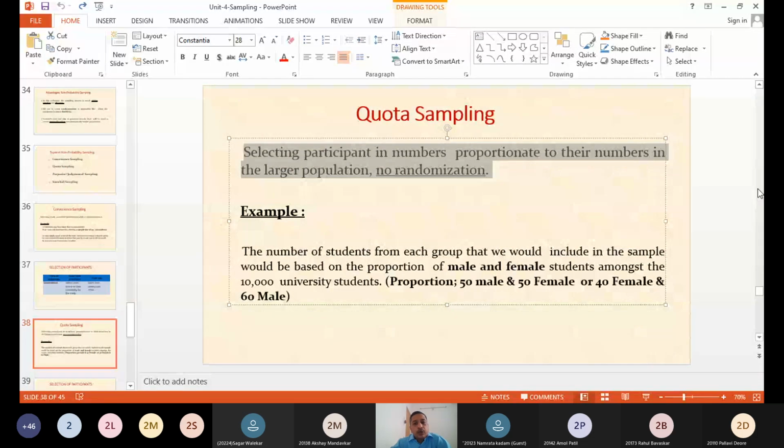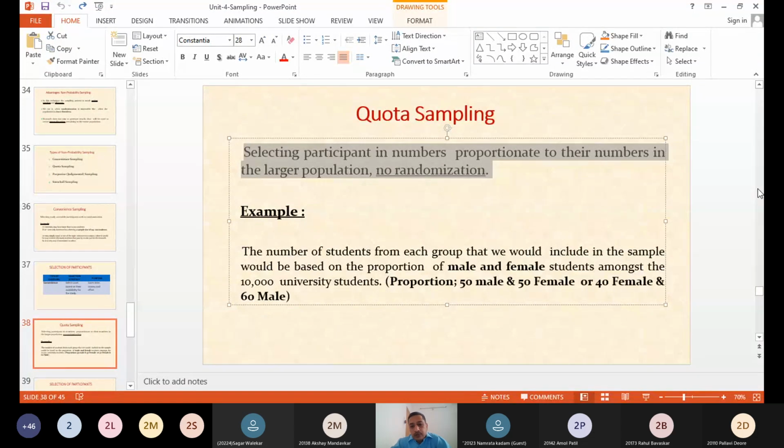We call it quota sampling. In this sampling also we do not use a randomization technique, so samples are not selected at random. However, we select the number of people to be surveyed from a particular population based on different characteristics and the proportion of those people in that population.